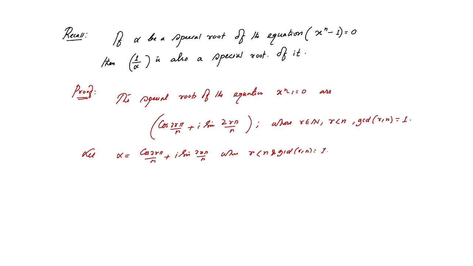If we take alpha like this, then alpha is a special root of the equation x to the power n minus 1 equals 0.